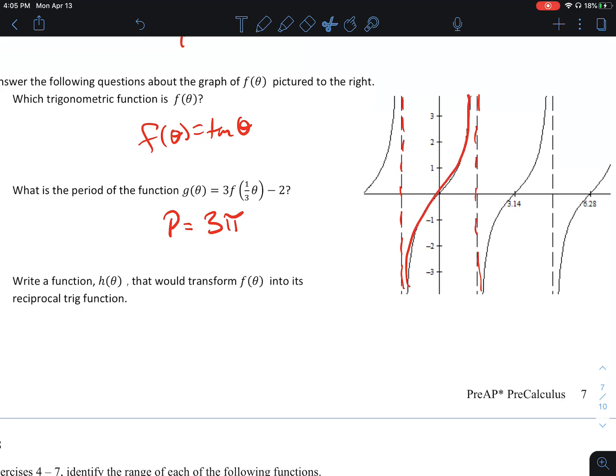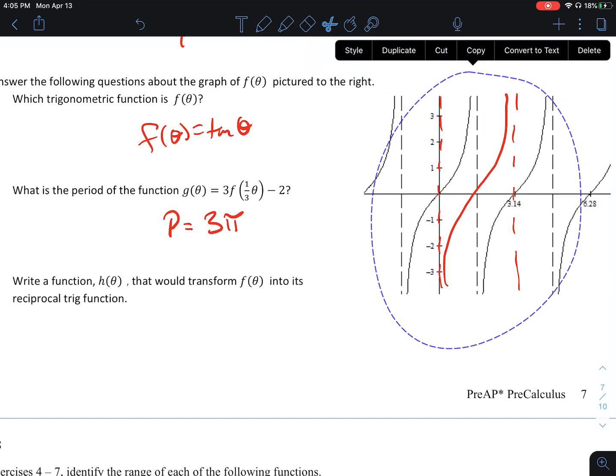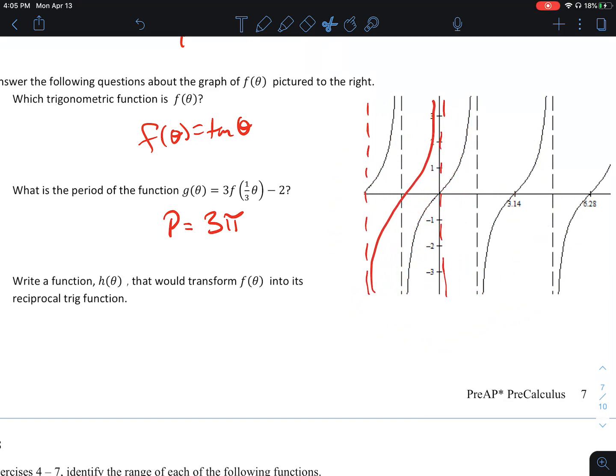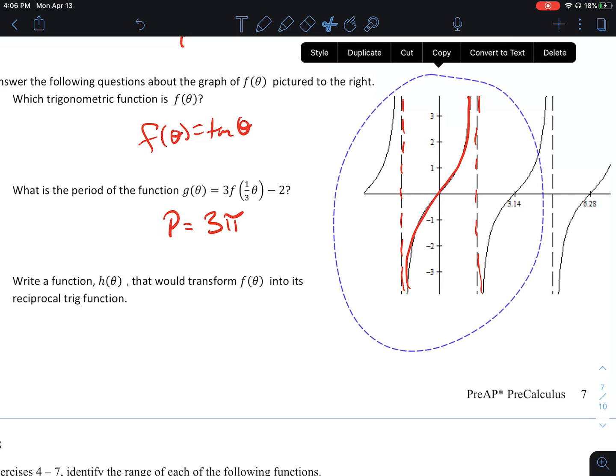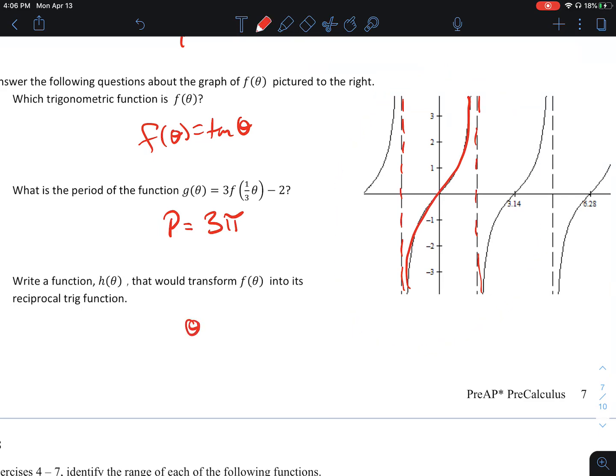First of all, we would want to translate this to the right so that the vertical asymptotes line up at 0 and pi. You could also translate it to the left so that happens as well. So this translation, theta, could go left or right. I'm going to go right by pi over 2.